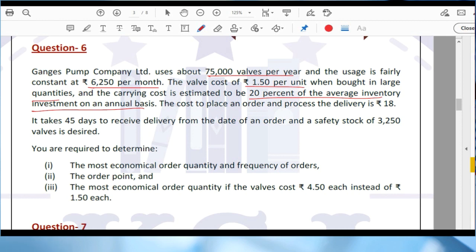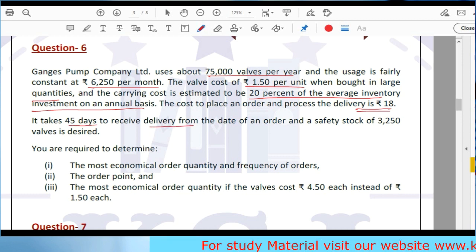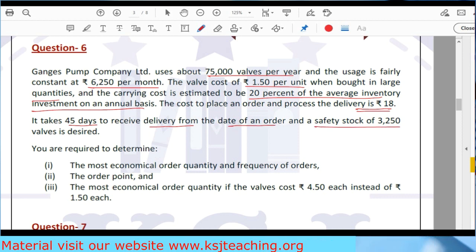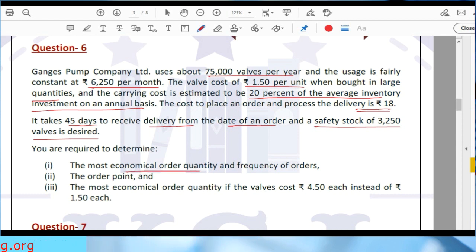The cost to place an order and process the delivery is rupees 18, that is the ordering cost. It takes 45 days to receive delivery from the date of an order, and the safety stock of 3250 valves is desired. You are required to calculate the most economical order quantity and frequency of orders.